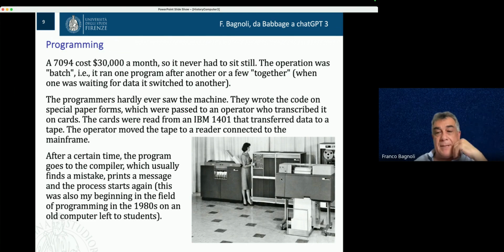Clearly, now that the capacities of computers were increasing, one started to wonder if there could be a better way of programming them, because first of all you had to train a lot of people in writing programs, since there was a demand for this.